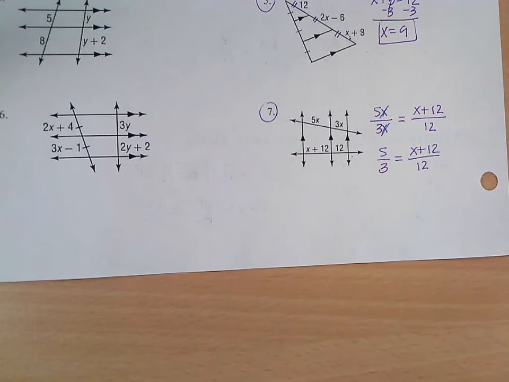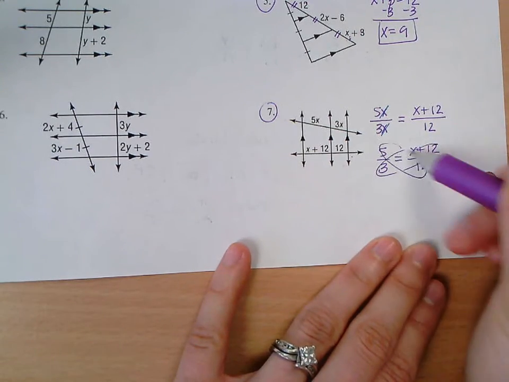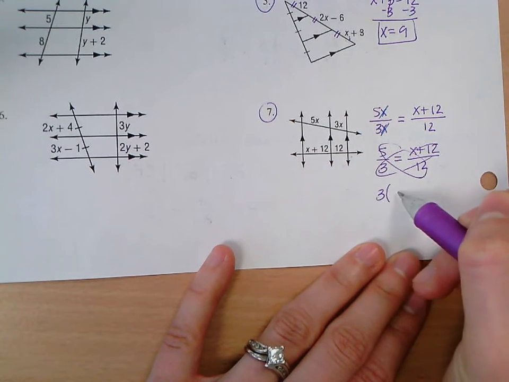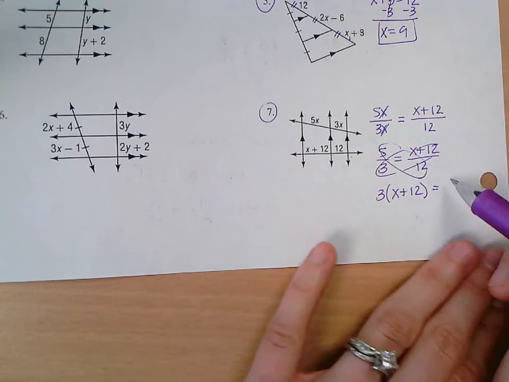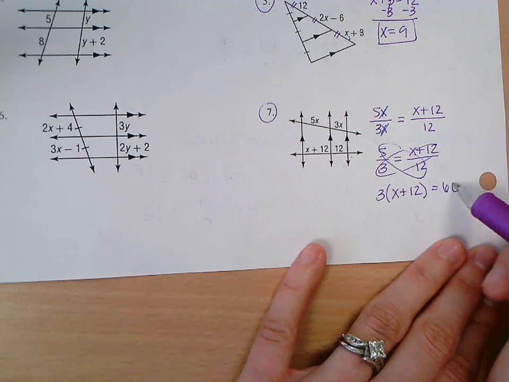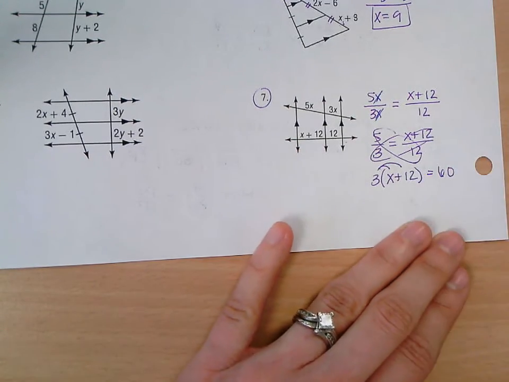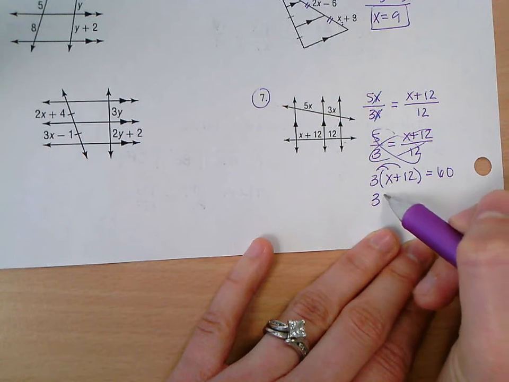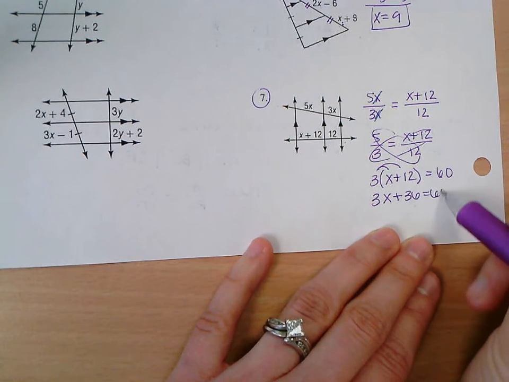And now I can solve for x. So if I multiply my cross products and set them equal, I would have 3 times the quantity x plus 12 equals 5 times 12, which is 60. And then I can distribute the 3. So 3x plus 36 equals 60.